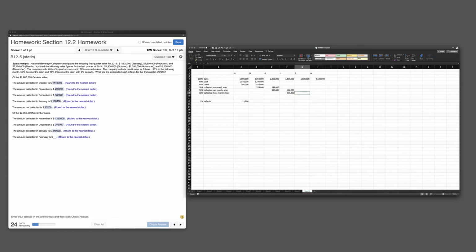So we're still looking at November sales. We want to know our credit 3 months later, which is 1, 2, 3. We're going to take the total credit, and we know that we're going to get 18% of it in February, which is 3 months later.